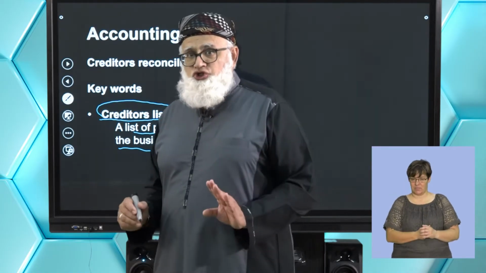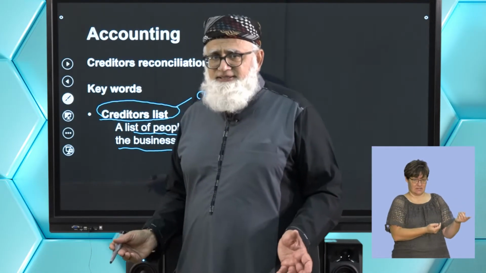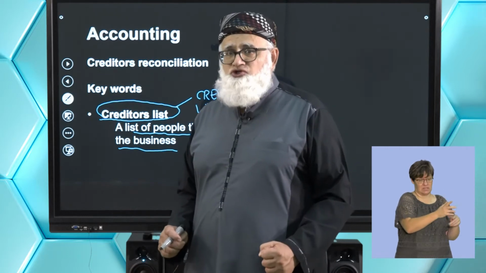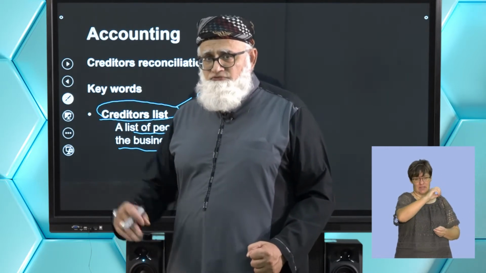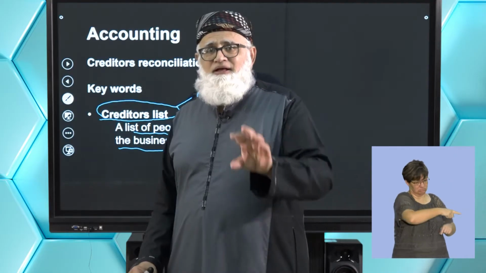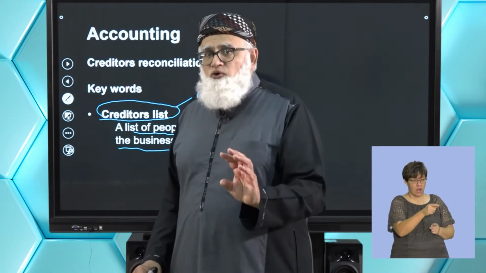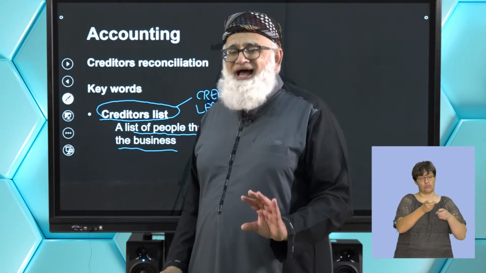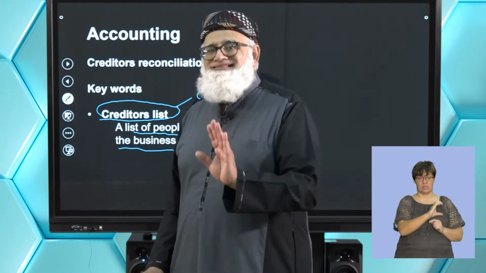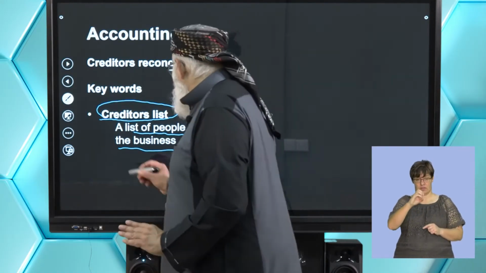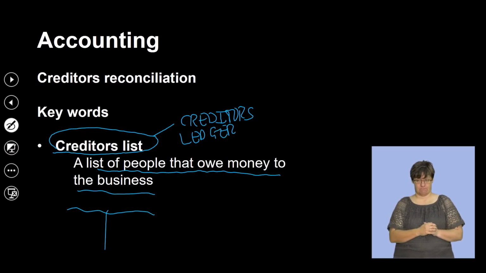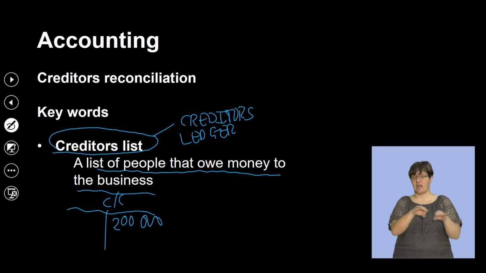If we bought goods on credit to the value of 200,000 Rand from multiple creditors, your creditors control account is going to show you a credit of 200,000 Rand. Agreed? So here we go. Here's my creditors control account, and you've got the amount of 200,000 Rand on the credit side, indicating the value of goods that we purchased on credit.